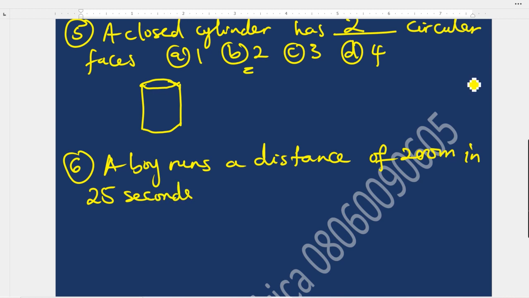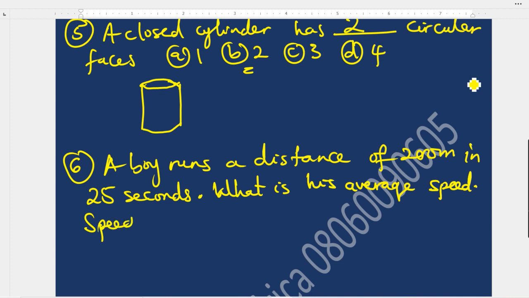What is his average speed? So now this has to do with average speed and time, and the formula for finding speed is equal to distance over time.